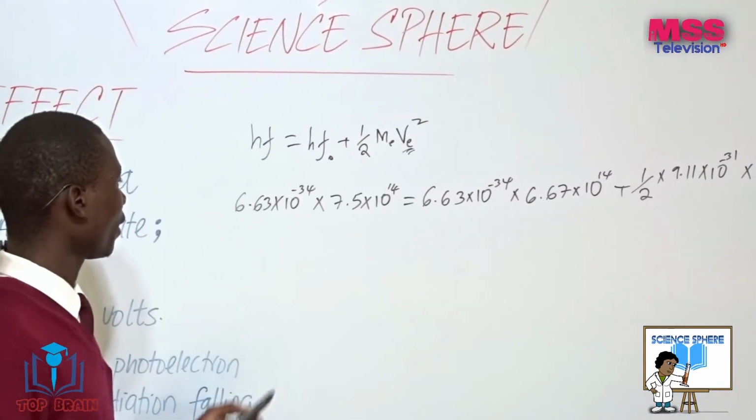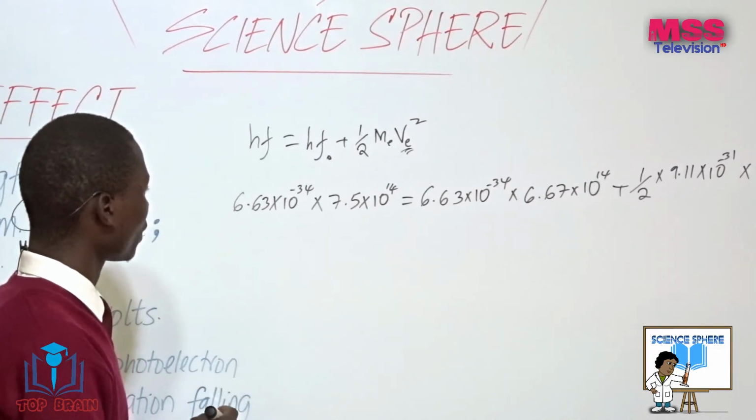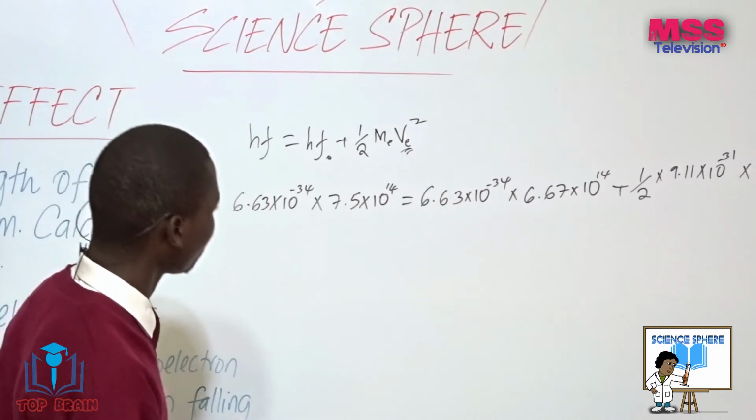So we shall start with the left hand side, that is 6.63 times 10 raised to negative 34 multiplied by 7.5 times 10 raised to 14.